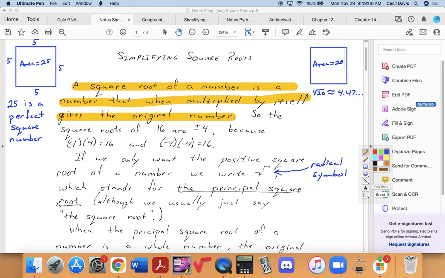And again, that usually gets shortened to perfect square. Why? Because if that's the area of the square, then the sides of the square are nice whole numbers.